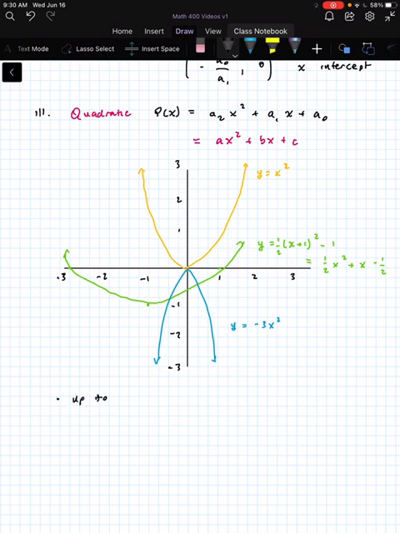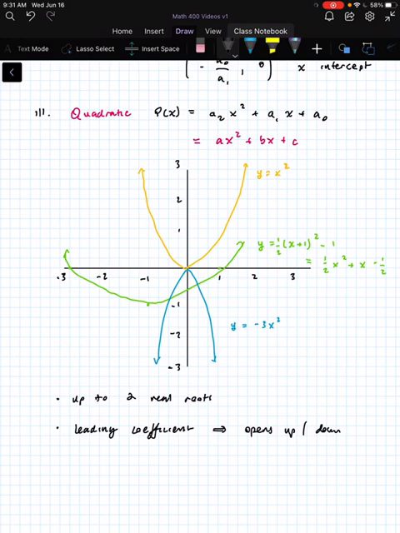We know that we have up to 2 real roots, so where it crosses the x-axis. It does not necessarily have 2, but it can have up to 2. The leading coefficient tells us whether the function opens up or down.